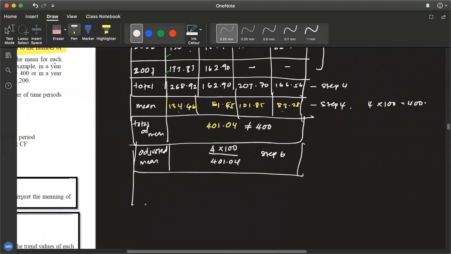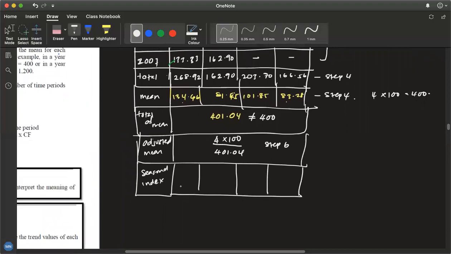Right? So step number 7, now we want to calculate the seasonal index. So the seasonal index for quarter number 1, quarter number 2, quarter number 3, and number 4. So the seasonal index for quarter number 1 now: we take the mean value 134.46 multiplied with 400, which is 4 multiplied with 100, divided by 401.04. We multiply with the adjusted mean.